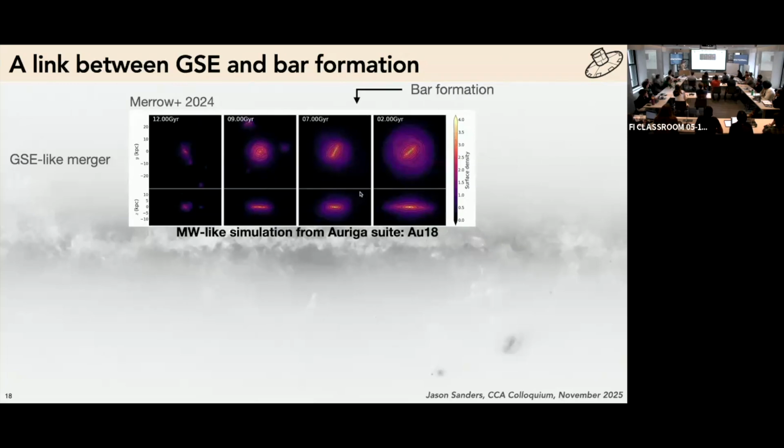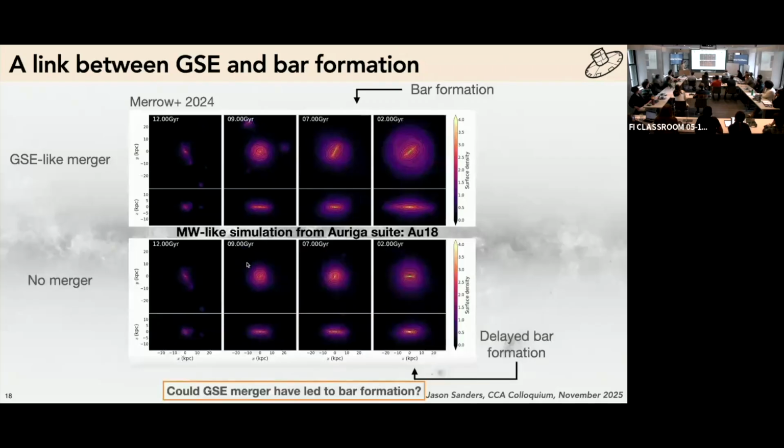But it's not super clear whether a bar was always going to form. Is there a causal relation in the simulation between these two events? So what the paper did is remove the GSE merger and rerun the simulation. If you take out the merger at 9 billion years and just continue to run the clock forward, a bar does eventually form, but much, much later. So this galaxy is predisposed to forming a bar.